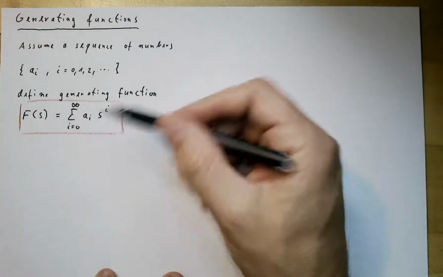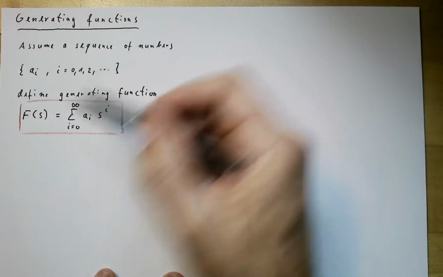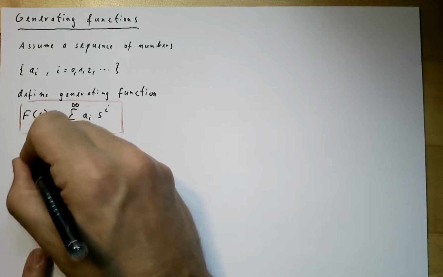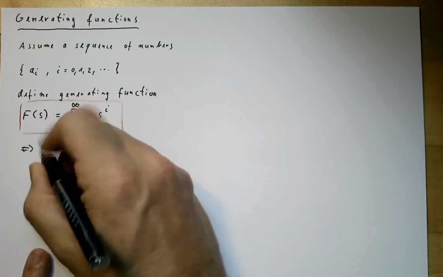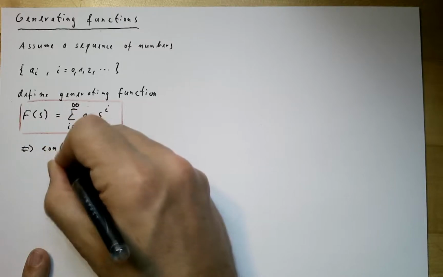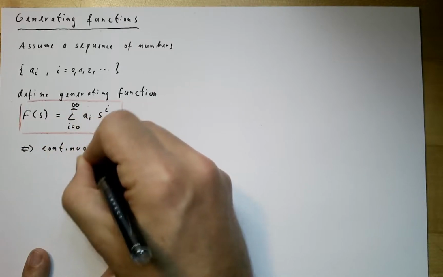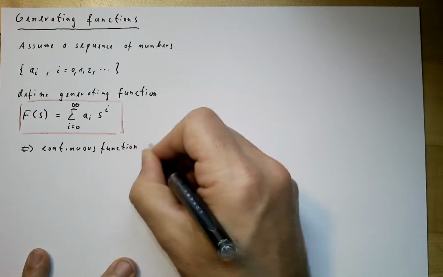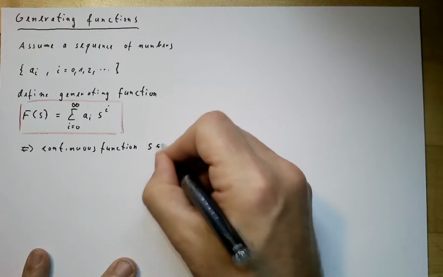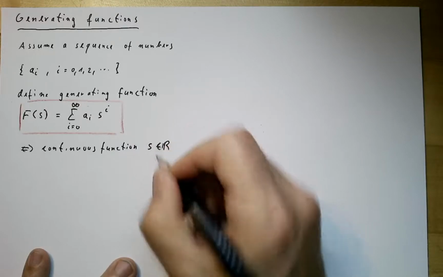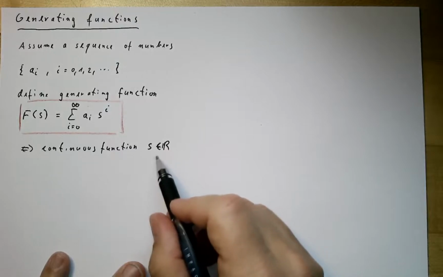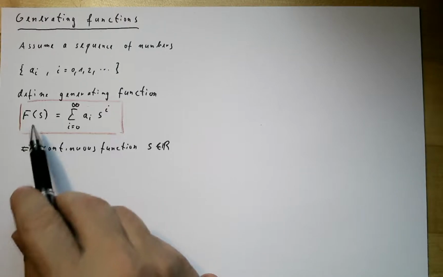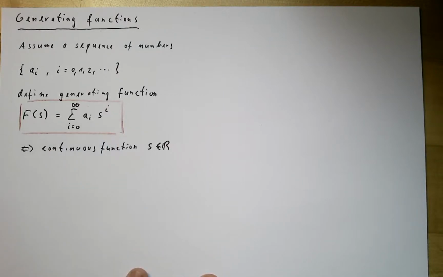So what we got from a discrete sequence is a continuous function. S here is a real number. Sometimes we assume it to be a complex number, but for our purposes it's enough if S is a real number.